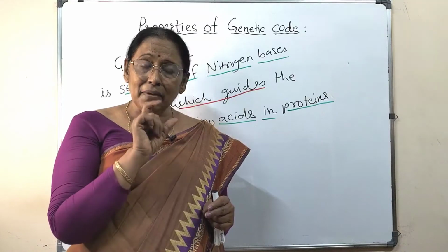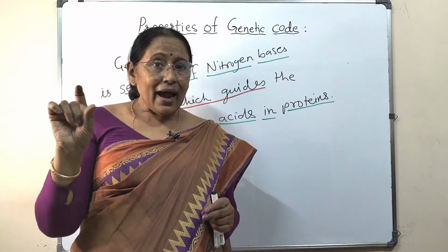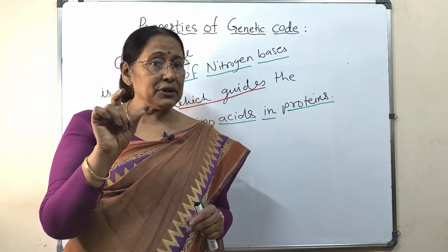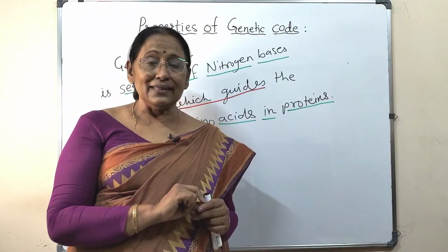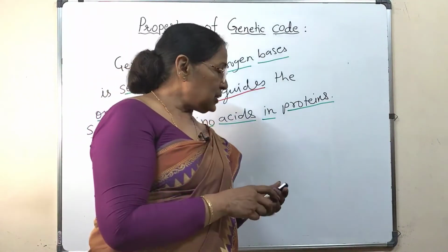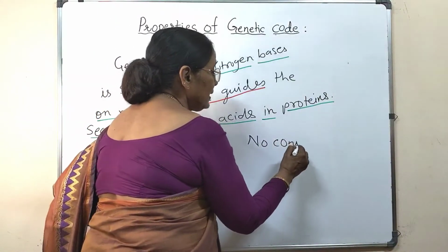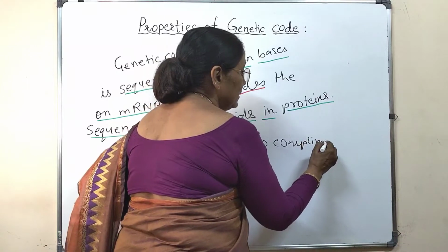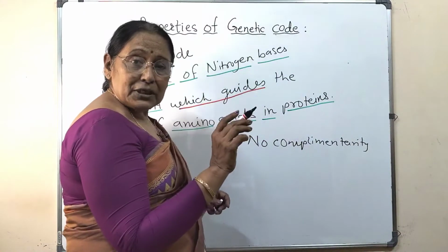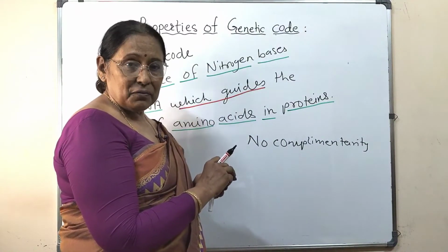But the mRNA has the nitrogen base sequence and guides the formation of proteins, which are made up of amino acids, and there exists no complementarity between the nitrogen bases of mRNA and the amino acids of proteins.